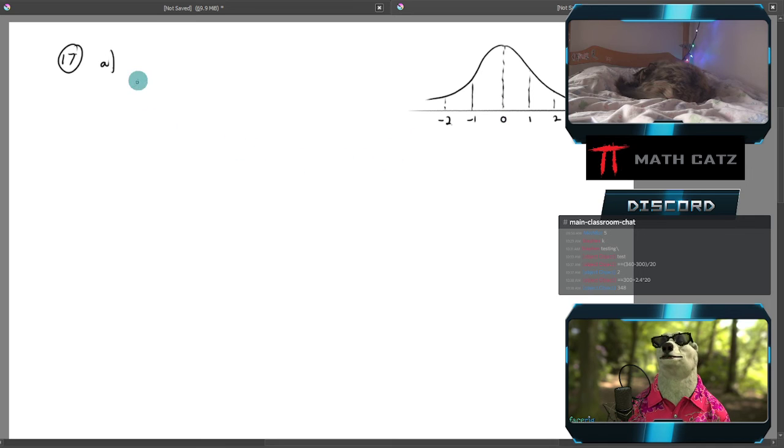So I'm looking for the bottom 2%. Now, whether it's the right or the left, I know that this area is 34%. This area is 14% roughly, and this area is 2% roughly. And this tail will then be the bottom 2%.